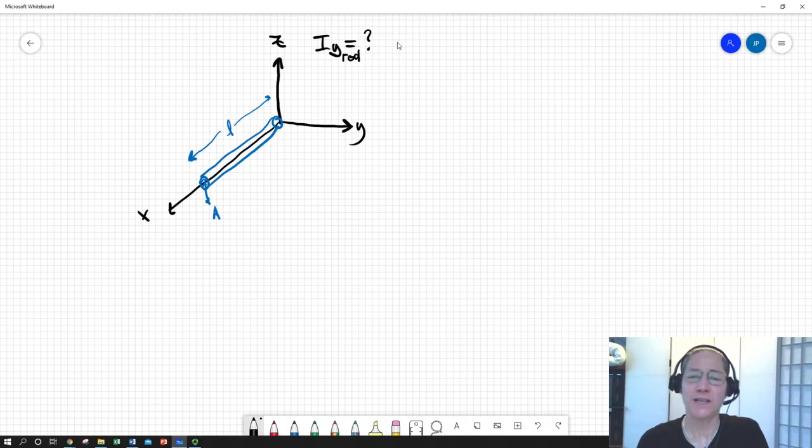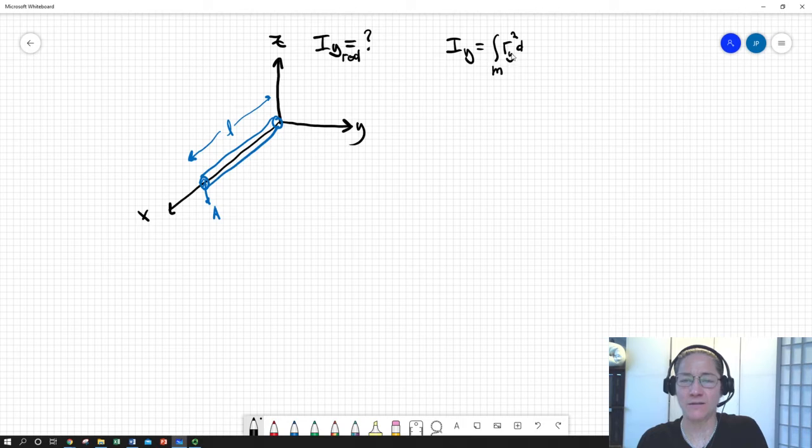So to get that, we need to think about the definition of moment of inertia of anything. And the general definition, I about some axis, in this case y, is going to be the integral over the whole mass of the distance of any point, any mass bit on that body, squared from the y-axis.